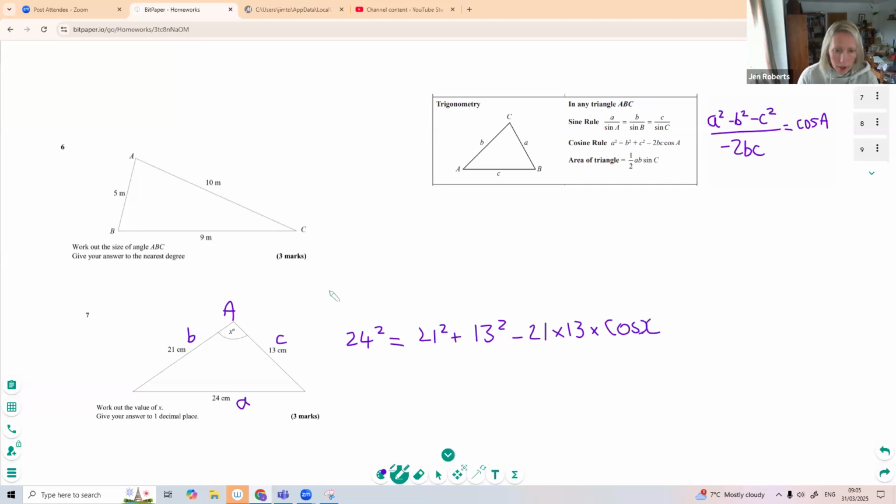Work some of the information out. 576. 610. I forgot my 2 here, didn't I?